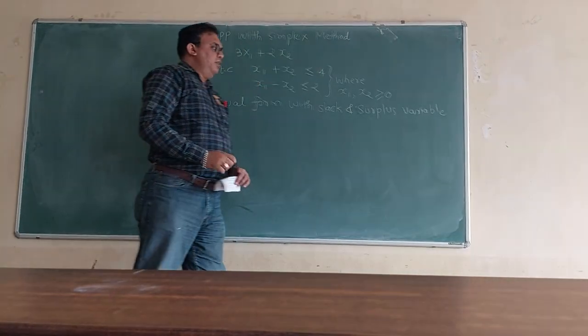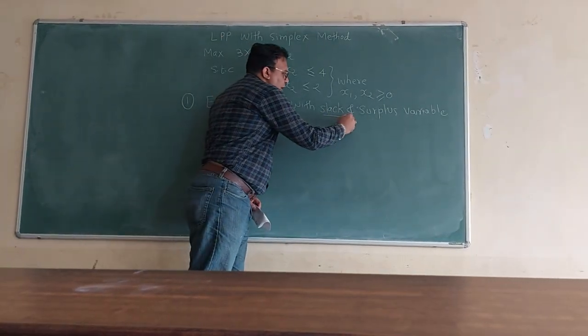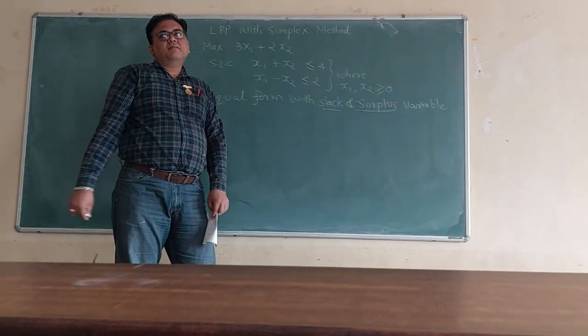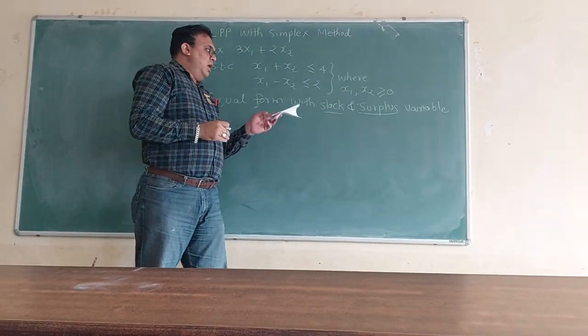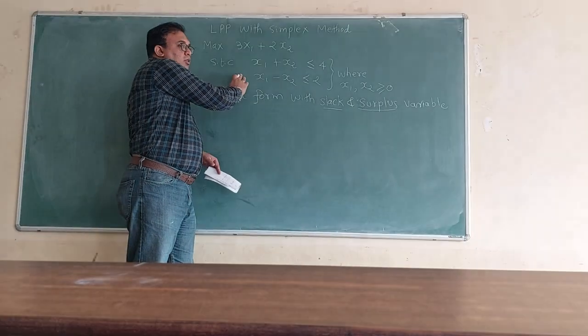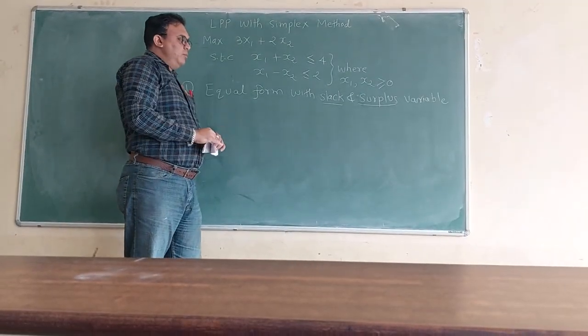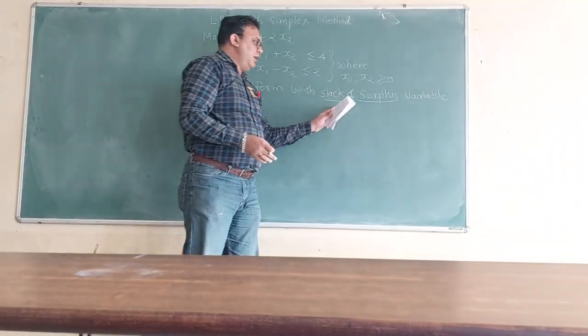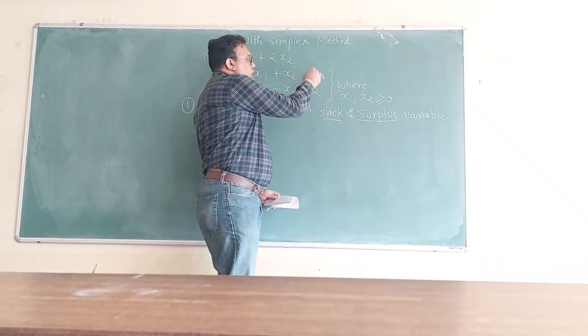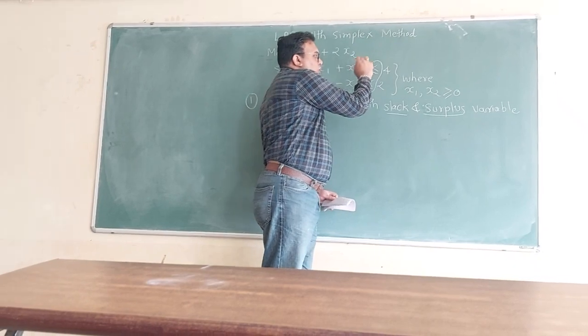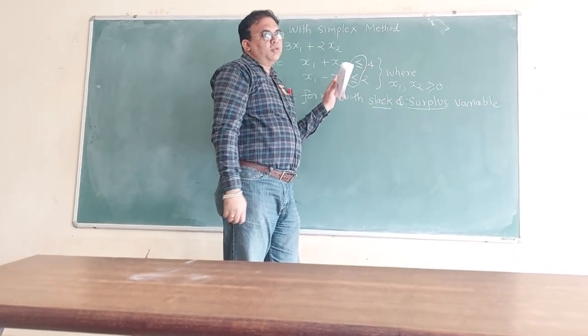So the question is, what is slack and what is surplus? These are the two types of variable we are adding in this subject to constraint equation. But when do we have to add slack and when do we have to add surplus? You have to focus on which symbol is given in your subject to constraint equation.